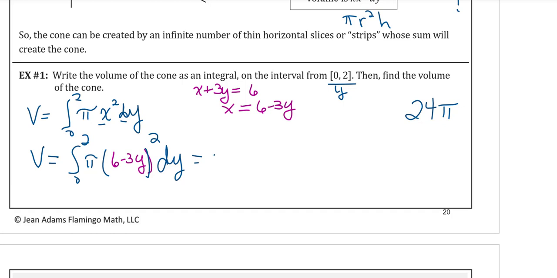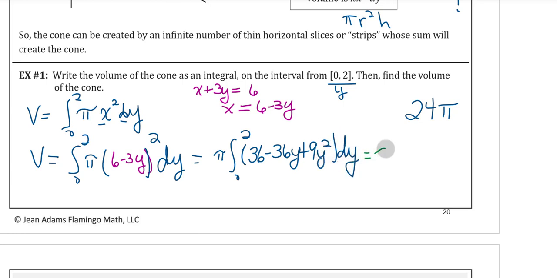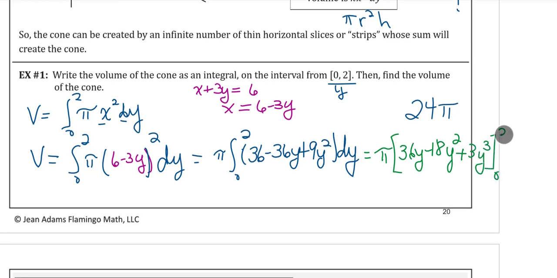So this is going to be pi times the integral from 0 to 2 of 36 minus 36y plus 9y squared dy. When we integrate this, we're going to get pi times 36y minus 18y squared plus 3y to the third, and we're going to evaluate that between 0 and 2.